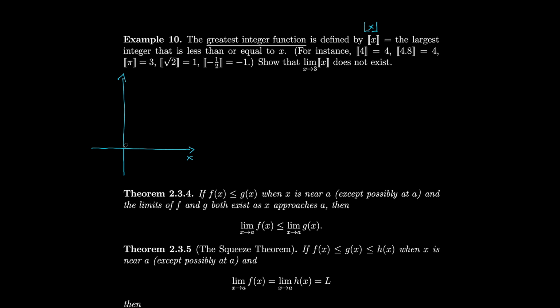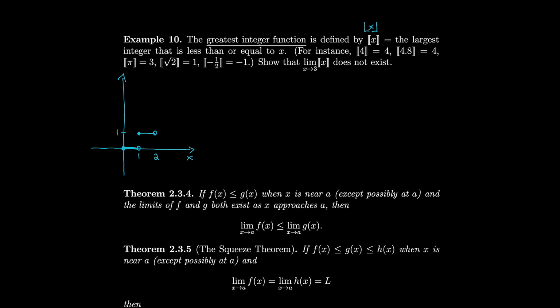Greatest integer function of 0, well, the closest thing is just 0. All the way up to 0.9, it would still be brought down to 0 because it doesn't hit 1 yet. But the second that it actually is equal to 1, it's stuck at 1 because the closest thing below it would be 1. Then all the way up to 1.9, it would be brought down to 1 every single time.